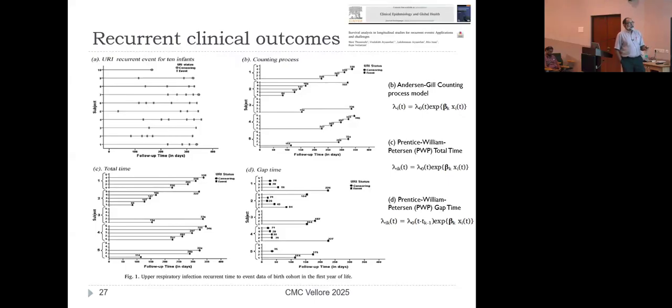So the first one was at that, the next one was this time, so now I move that there, this one is that there, and then I move that. And what they do is fit a model to these recurrent time to events by adjusting the hazard for each individual for the different recurrences that they have. Okay.